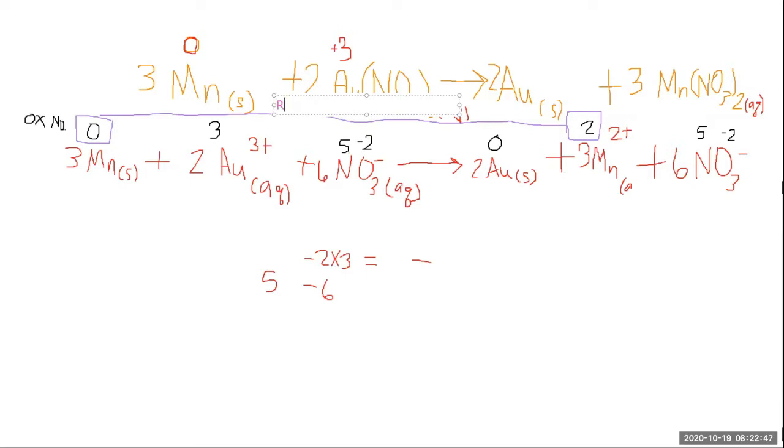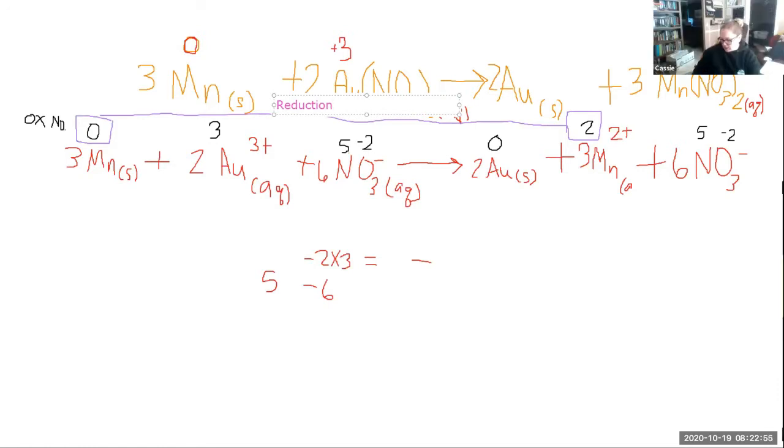Are you sure? What does reduction mean? You're gaining electrons. Okay, so if I'm going 0 to +2, am I gaining electrons? You're losing electrons. So LEO, right? LEO, loss of electrons, which is oxidation.